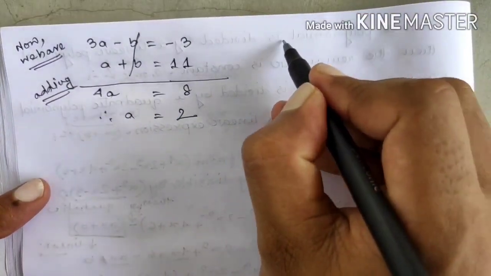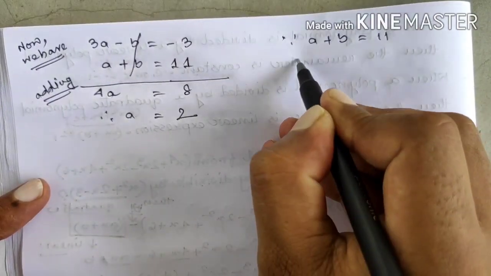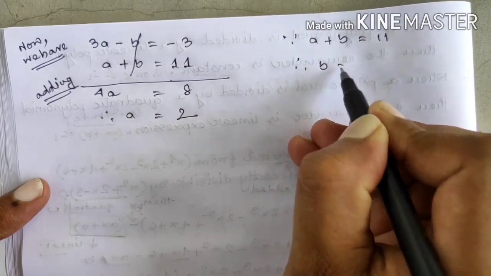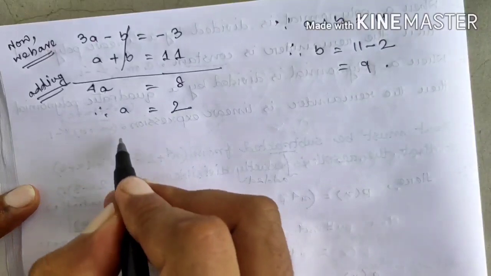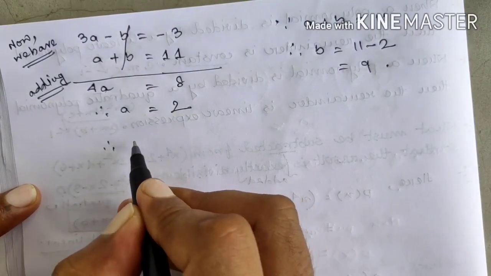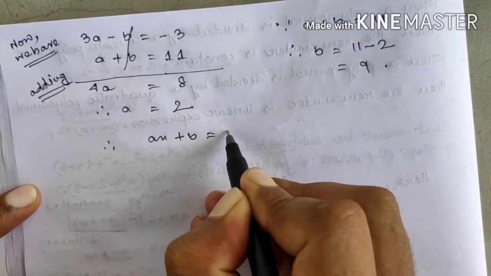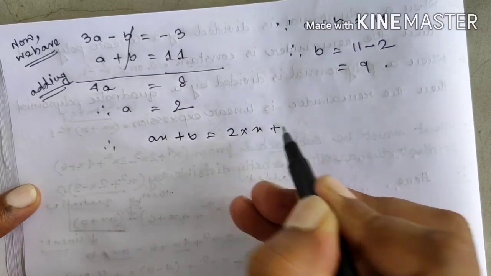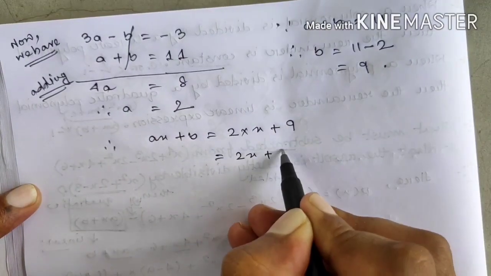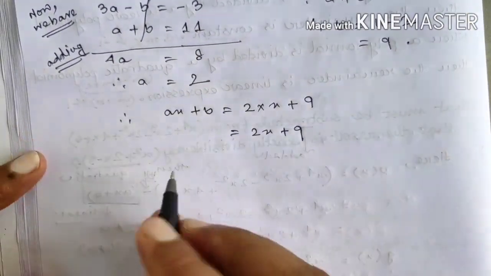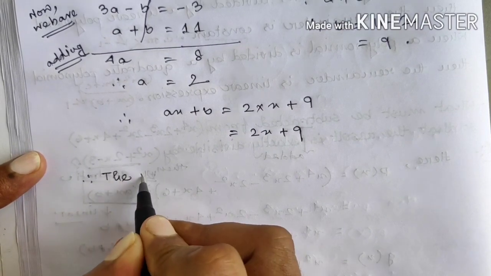And we know that a plus b equal to 11 from the above equation, and putting the value of a we get b equal to 11 minus 2 equal to 9. Therefore ax plus b equal to 2x plus 9. Therefore the required expression is 2x plus 9.